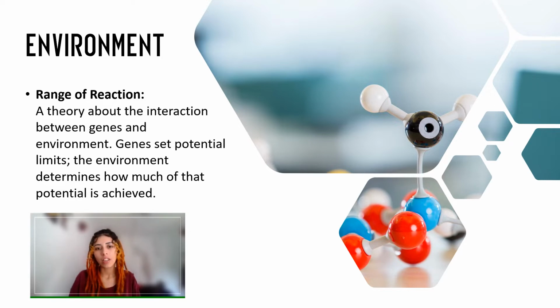The range of reaction theory says that the genes set potential limits and the environment determines how much of that potential is achieved. So that means when an individual is established in a stimulating environment, their genetic characteristics will have better chances to achieve full potential.